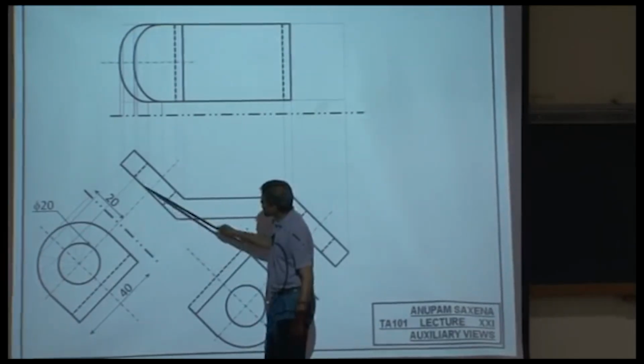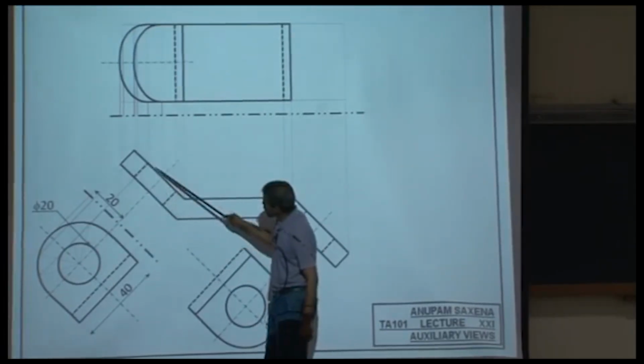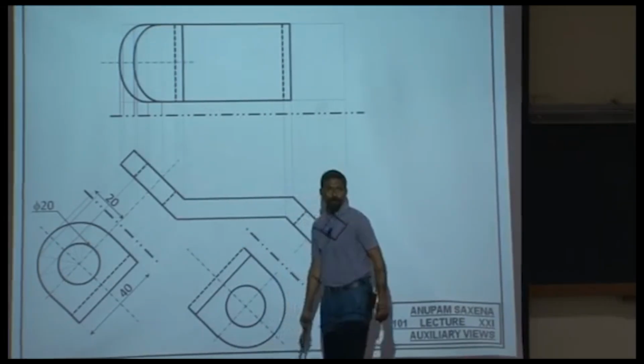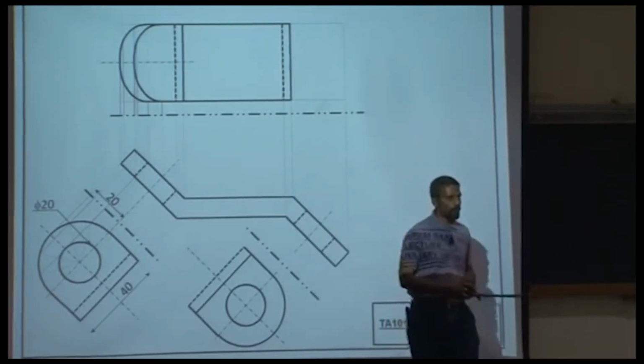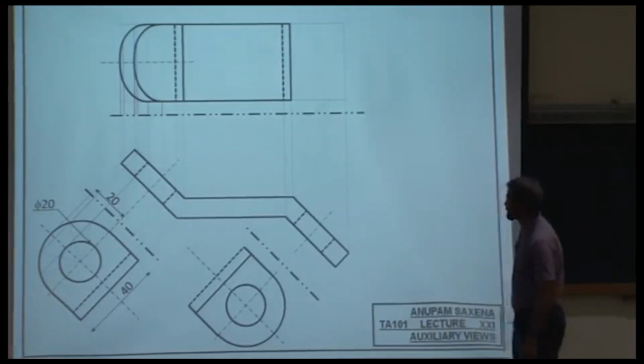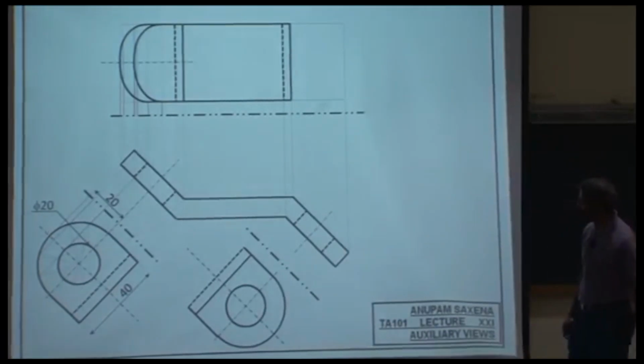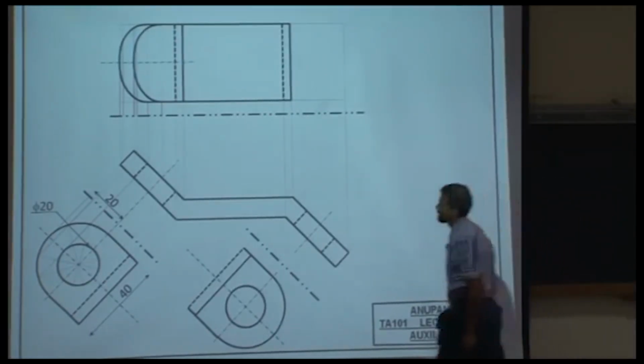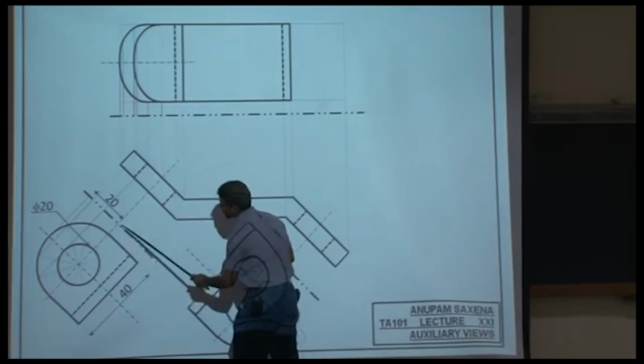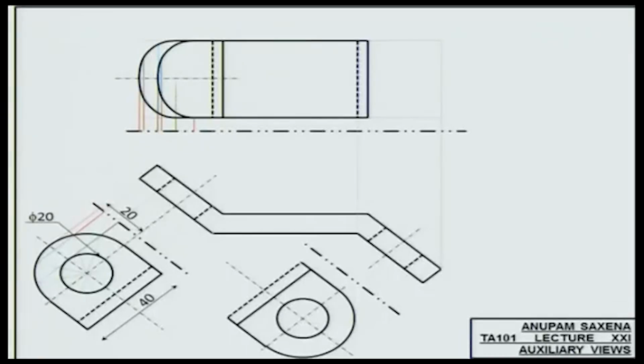There is a void over here at the bottom surface, and there is a void over here at the top surface. Treat them one by one. Same thing, same distances concept. Divide the circle also into equal parts and take distances of the points lying on the circle from the hinge line and transfer them.